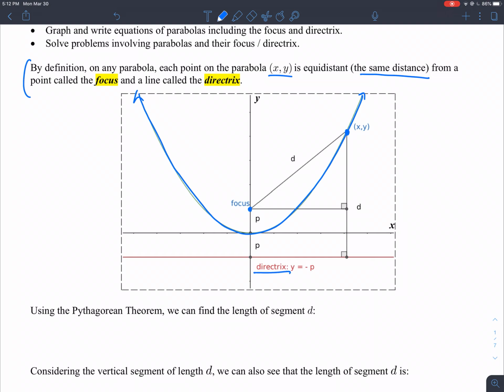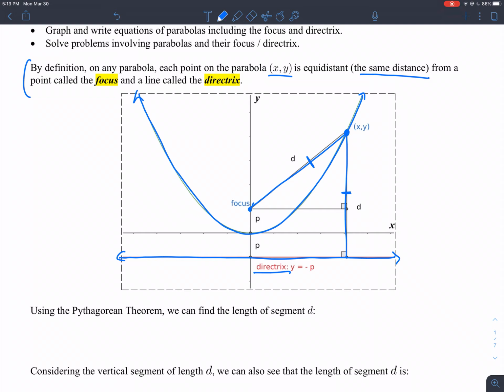So the line here is called the directrix, okay? And we're saying if I pick any point, it's the same distance from the focus. This distance here is the same as the distance that it is away from the directrix. And when I make this tick mark, I mean the whole distance here is equal to the whole distance here, okay? So that's the classic definition of a parabola.